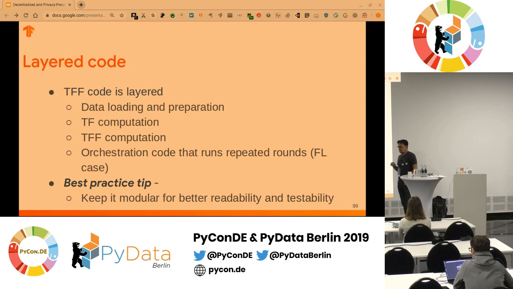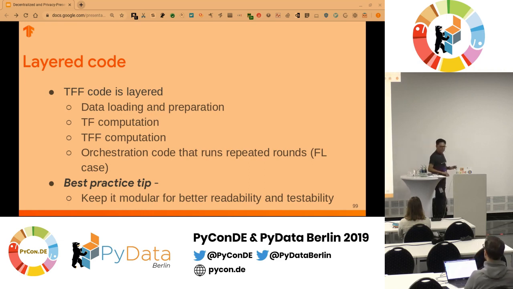The suggestion here is that TensorFlow Federated really makes it easy for you to keep that code modular and separate, and that makes your code more readable and testable. So the best practice tip is to keep it modular and separate those layers out, because there's really separation of concerns.